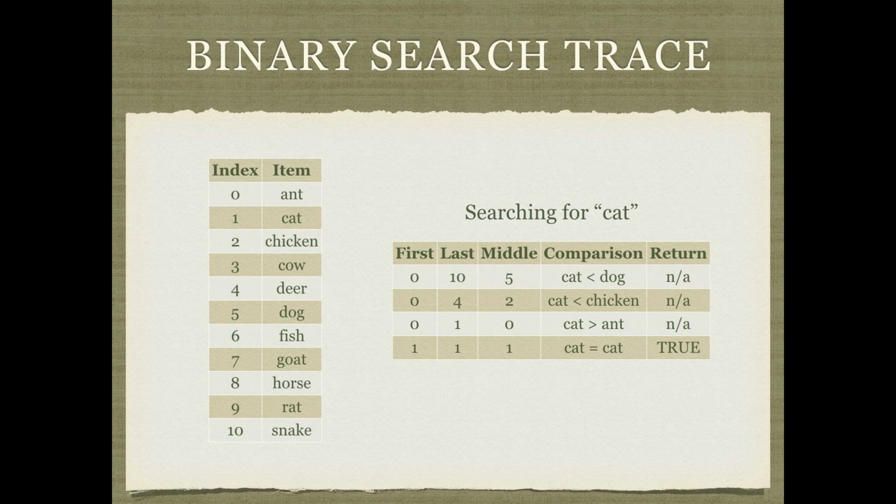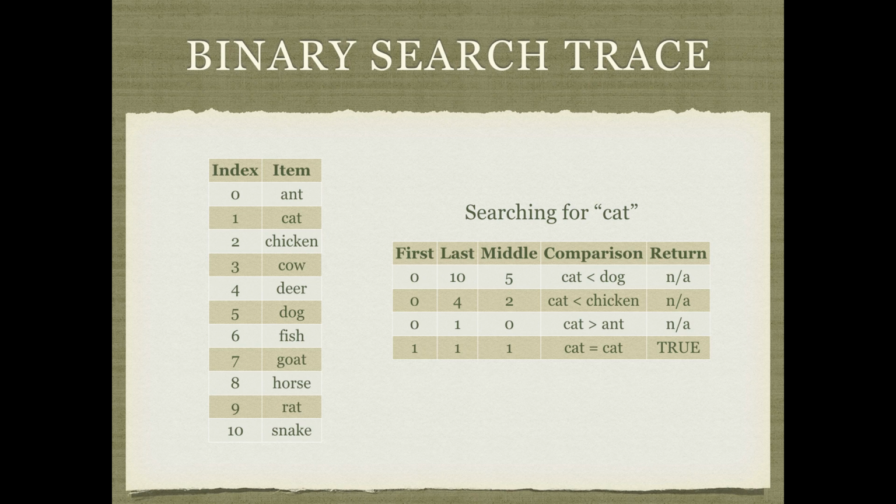So in this case, the middle value is 5, which means that we compare our search term cat to the word dog. Now, cat comes before dog in alphabetic comparison, so we can't return anything from the algorithm because first is not greater than last yet, and the comparison is not equal. So we can't return anything. We have to go through the loop again.